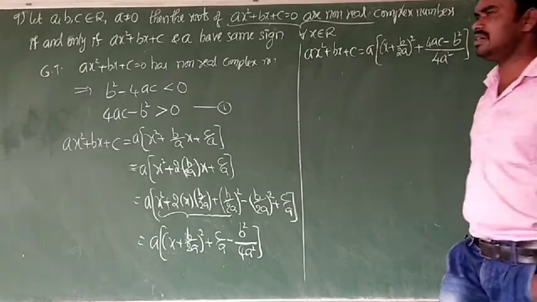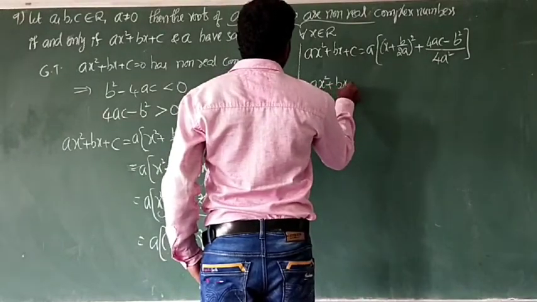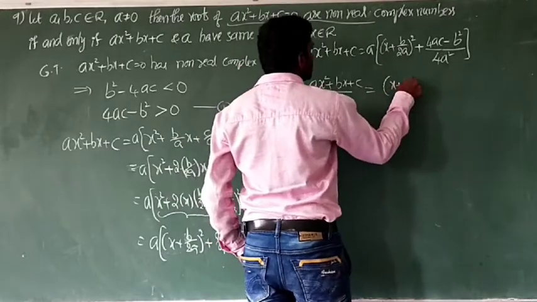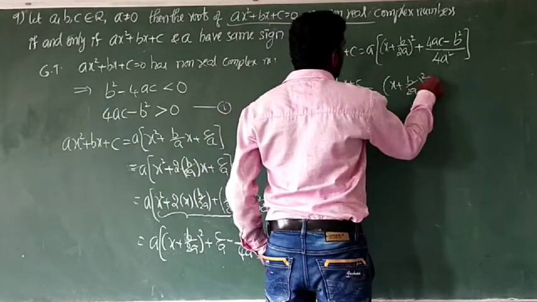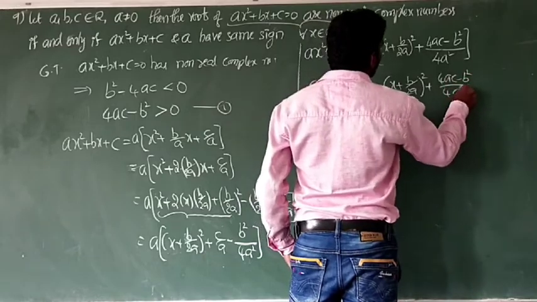And left side, so ax square plus bx plus c by a is equal to x plus b by 2a whole square plus 4ac minus b square by 4a square.